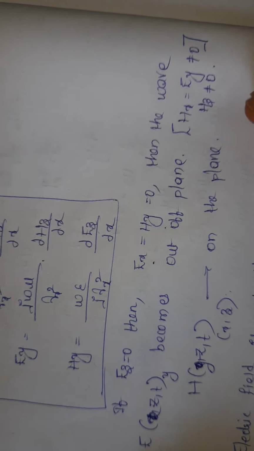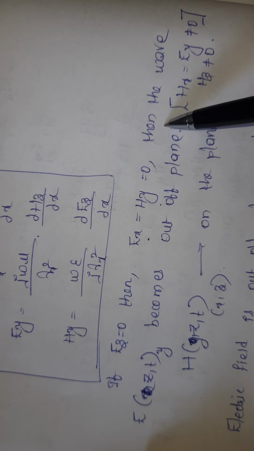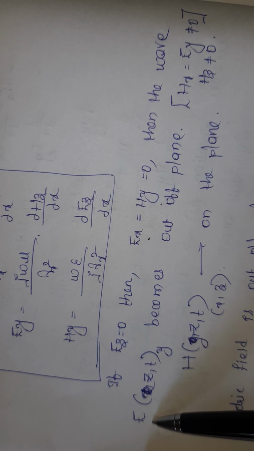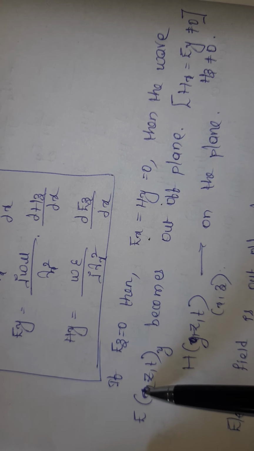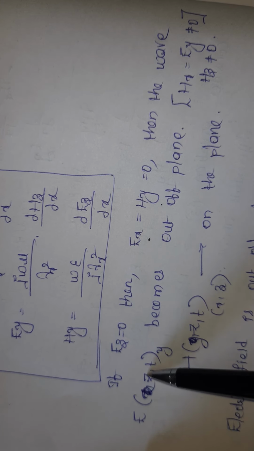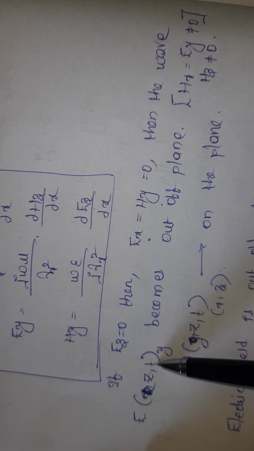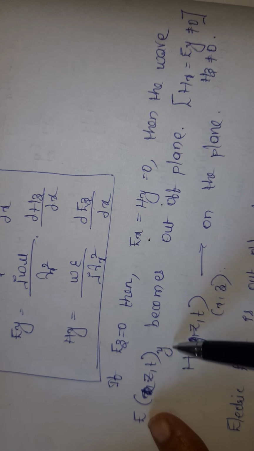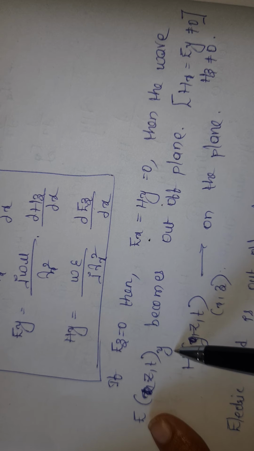Then what will happen? Then the wave electric field intensity, which we have considered with the basic transverse nature, that is along x direction, propagating along z direction, and it is time dependent. Only it is having the propagation electric field intensity along y direction. How am I saying that?